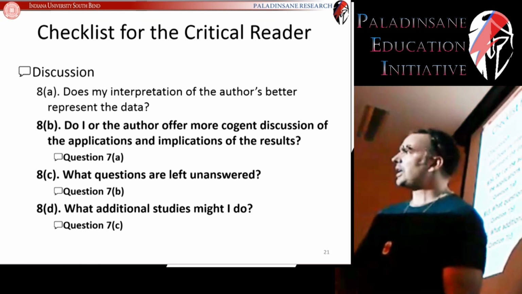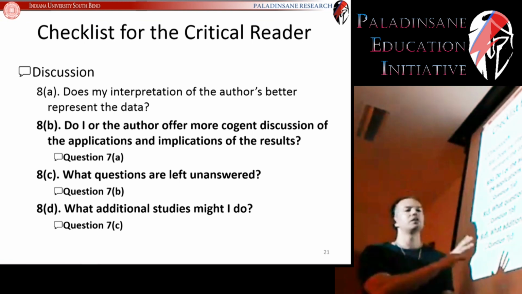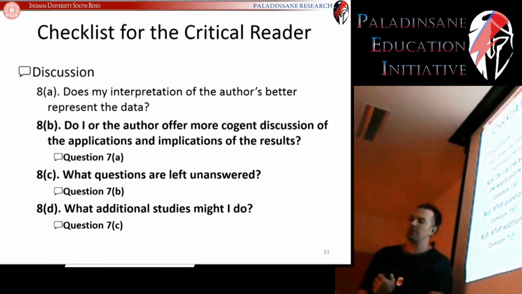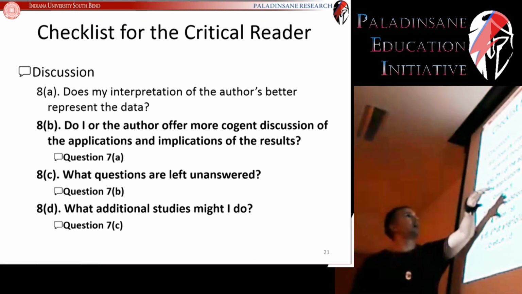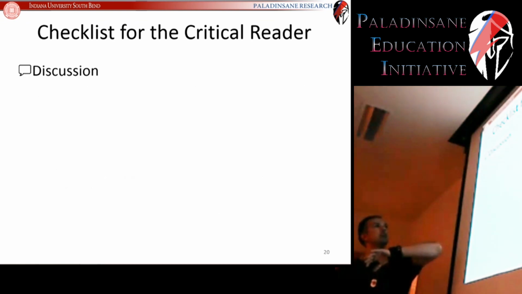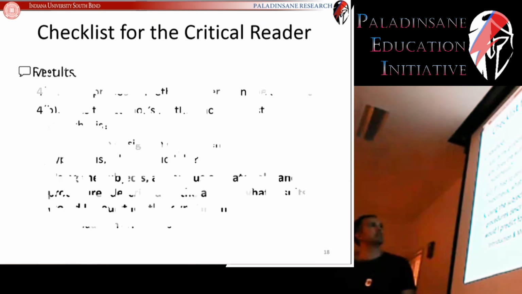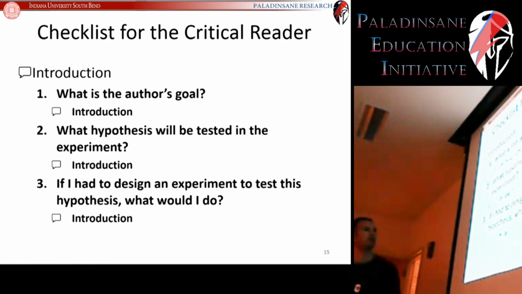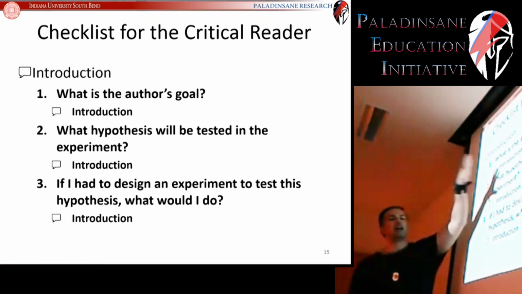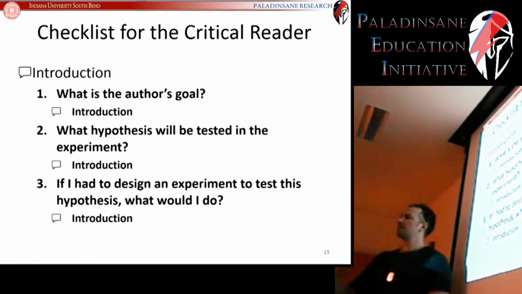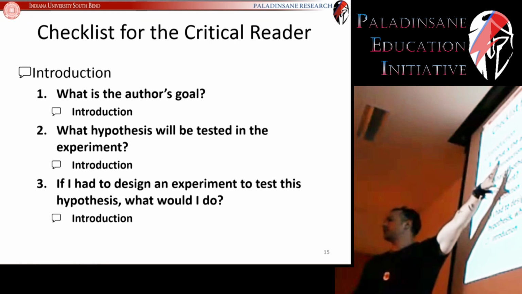And when you're reading your research papers, this will help you navigate them, because it might seem like more work at the beginning, but if you are thinking about these questions as you read, especially, let's go back to the introduction real quick, if you're thinking about these questions as you read the introduction, you will more likely process information that will help you answer these questions.